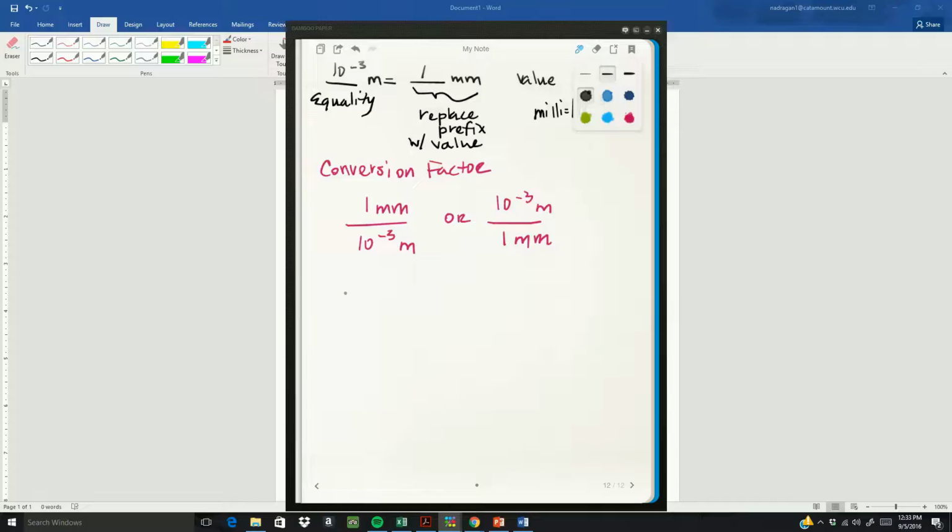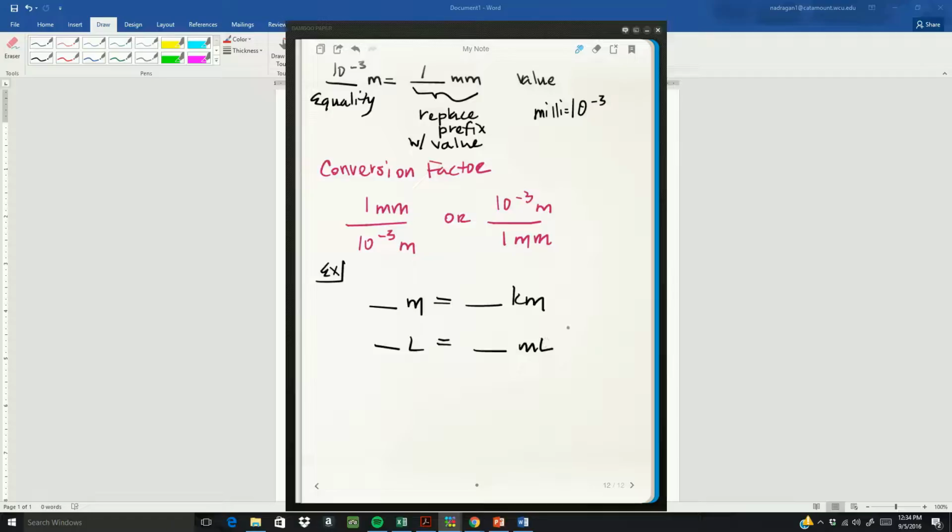Okay, so next example, go ahead and try to write these yourself. So if we have meters, kilometers, liters, and milliliters.